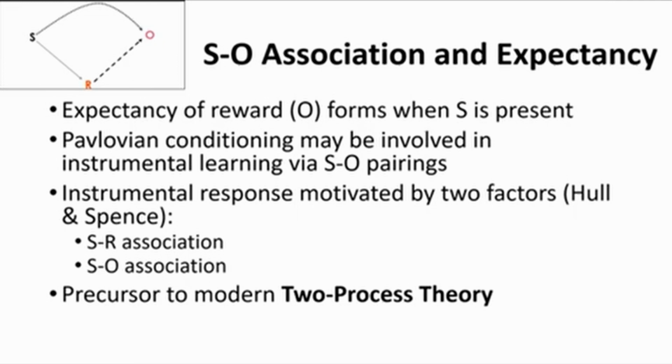So we've already said that this SR association comes to exist because of our reinforcer or our outcome. And now we're expanding on that to say that the fact that this outcome will only occur in a specific context or in the presence of specific stimuli forms another important association that can relate to the instrumental learning process.